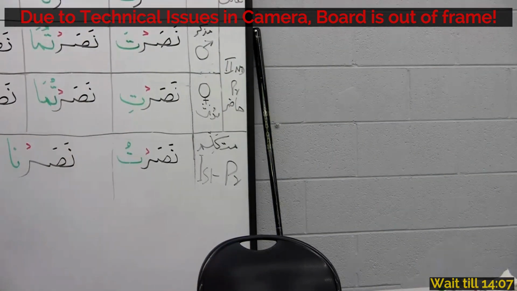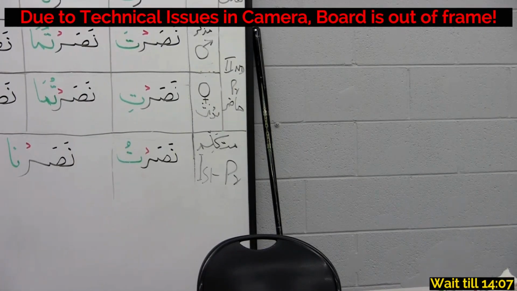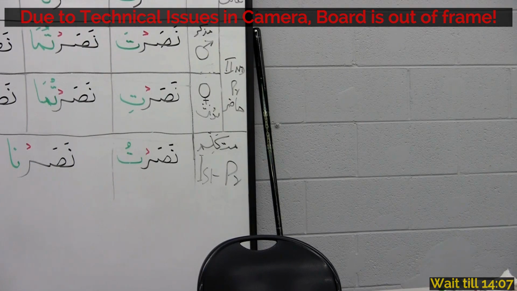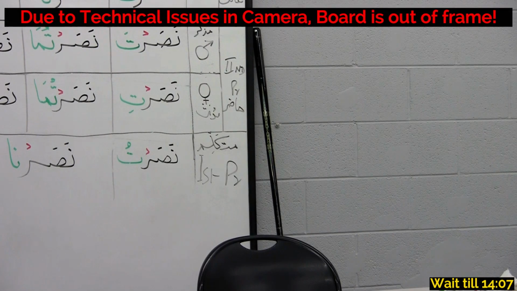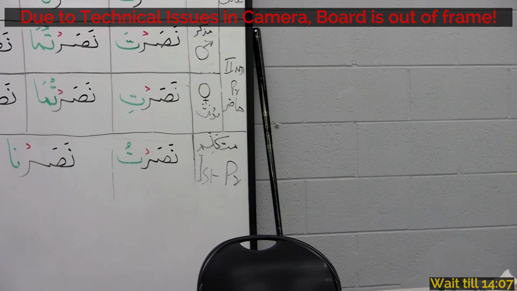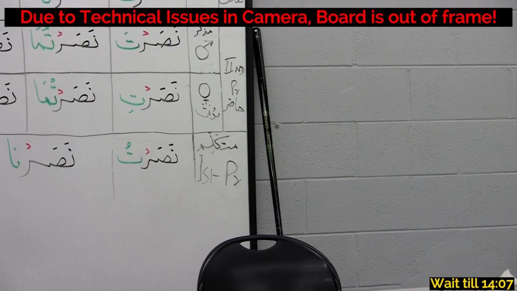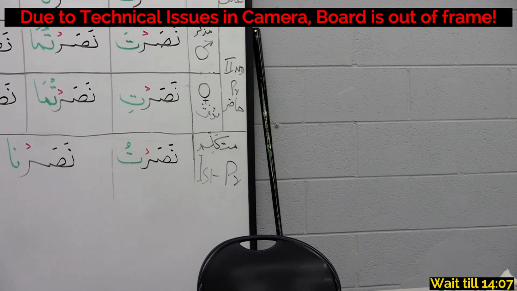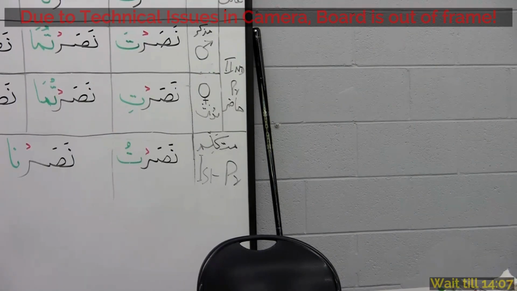Now this is called fa'il. In Arabic this is called fa'il, and this is called maf'ul, object. Can you repeat that, please? This in Arabic is called fa'il, doer.